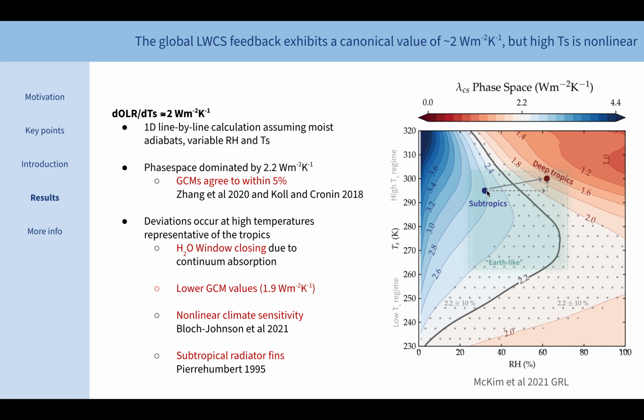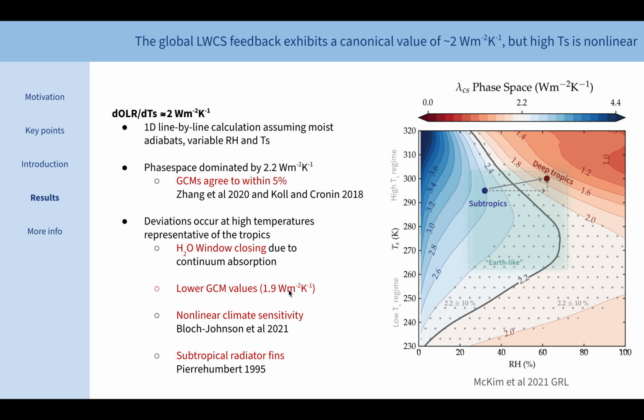This helps to explain why the GCMs were finding slightly lower values of about 1.9 watts per meter squared per Kelvin. It's because half the globe is in this more stable regime, and half the globe is in this more sensitive regime, where it matters what humidity and what temperature you're at. That's because the tropics occupy about half the area of the globe.